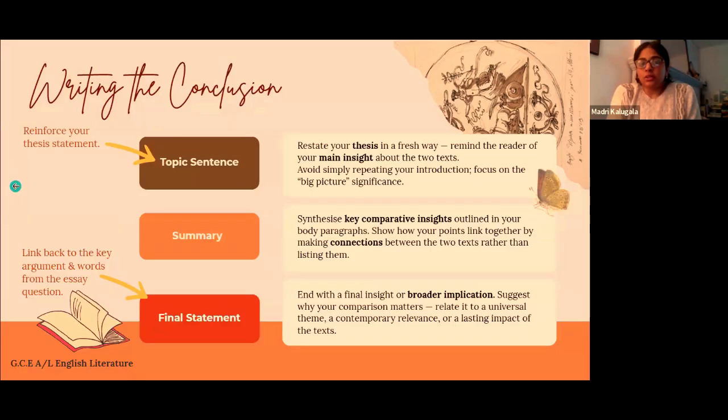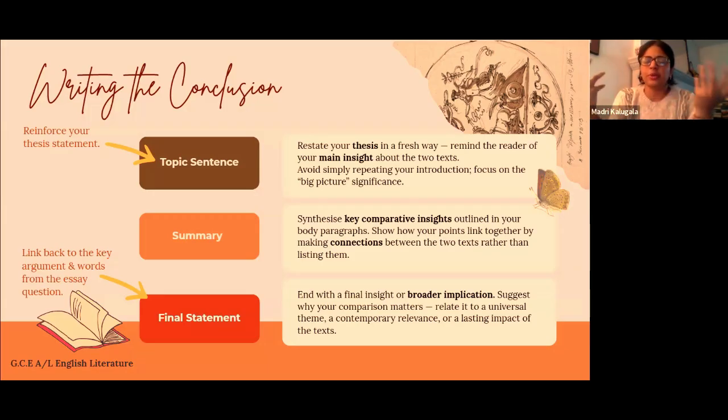Okay, then the conclusion, which brings us to the idea that the conclusion is also a paragraph. In any paragraph, the first sentence is called the topic sentence. Now, remember, in an introductory paragraph, before your topic sentence you get the hook.